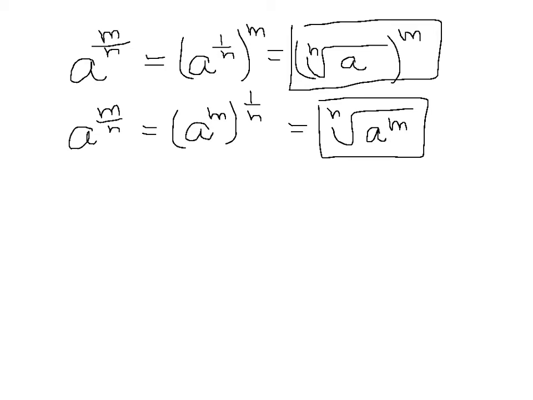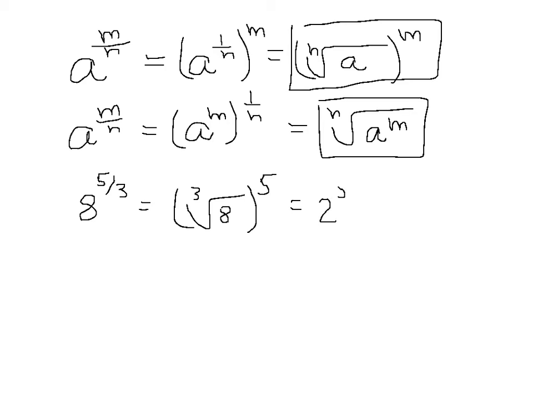So suppose we have 8 to the 5/3. What that means is the cube root of 8 raised to the 5th. Now the cube root of 8 is 2, that's simple enough. And 2 to the 5th is 32. That's a lot easier than doing the cube root of 8 to the 5th.